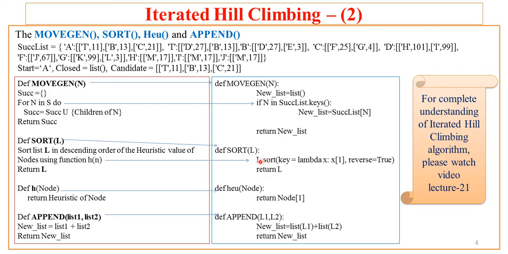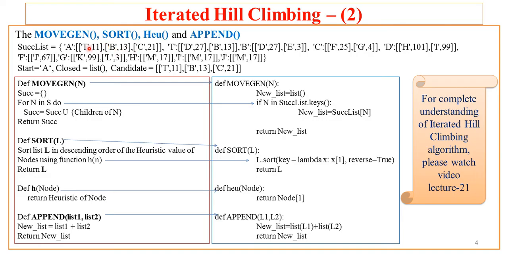So sort is an inbuilt function which is invoked using this list variable L, and here, to make it very simplified, a lambda function is used which tells that the key for the sorting should be the heuristic value of the node. For example, if the nodes are T11, B13 or C21, for node A, this is the list.